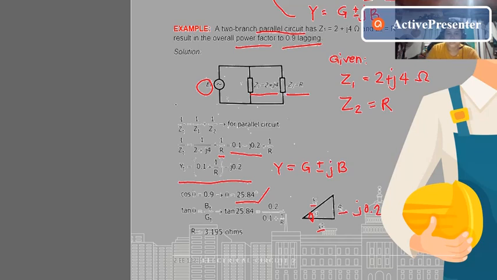We have 0.2 as the opposite, and the hypotenuse is our Y. The adjacent is G, which is 0.1 plus 1 over R. Tangent is opposite over adjacent. So solving for R, we can now solve for our R.